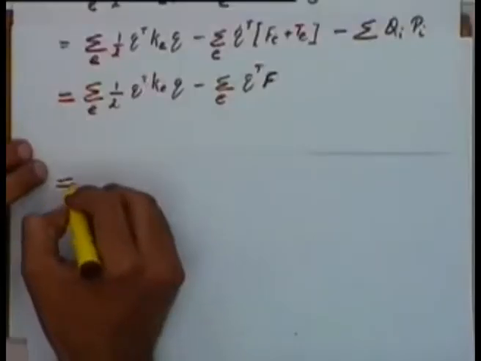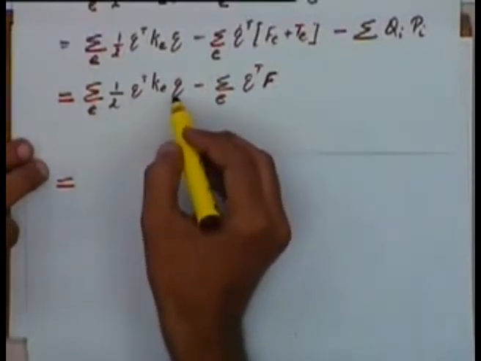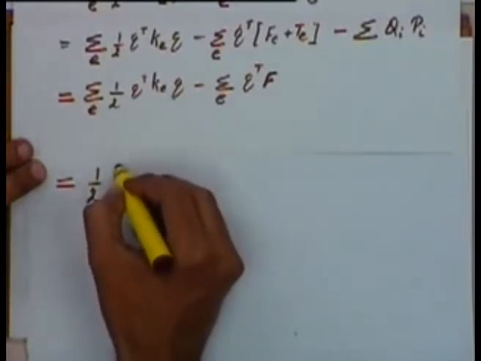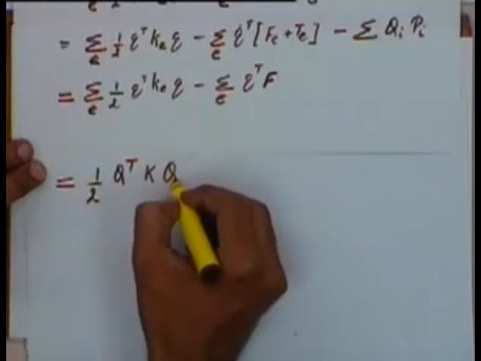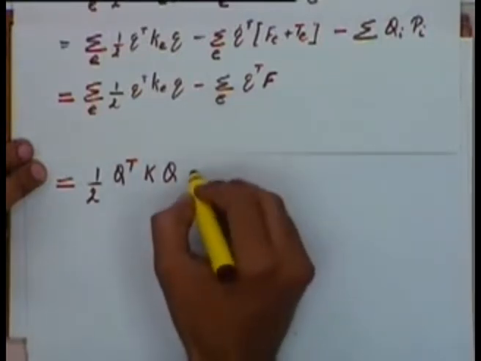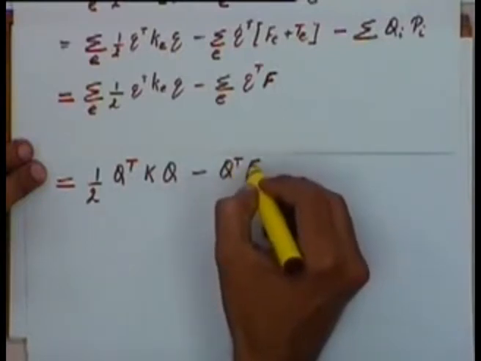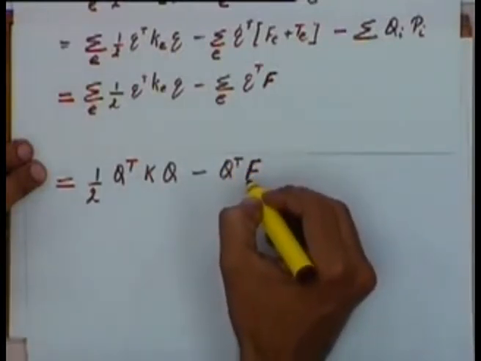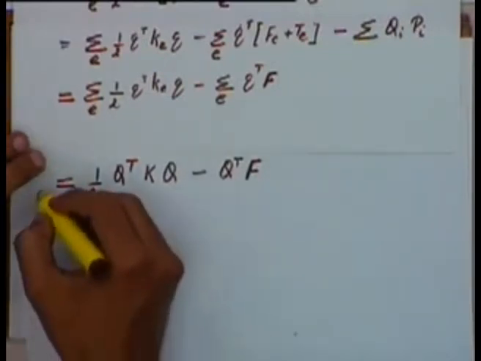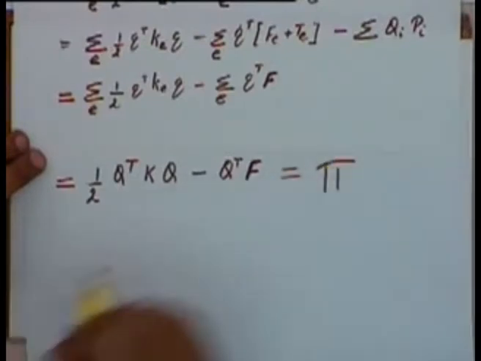This summation of matrix multiplications we replace by global matrices, of the type Q transpose K Q minus Q transpose F, where F is the global force vector. So this is again the expression for the total potential energy in the system.